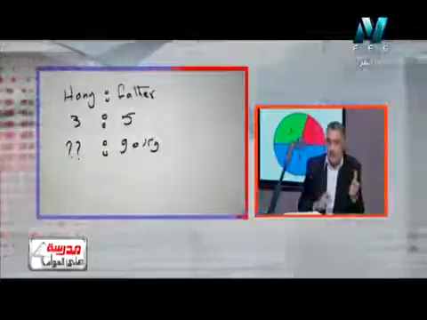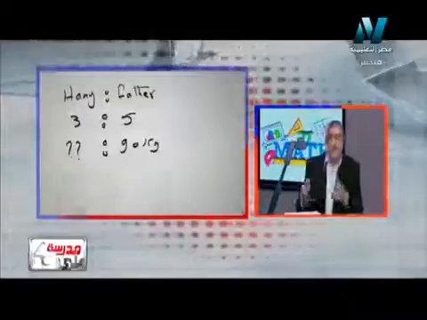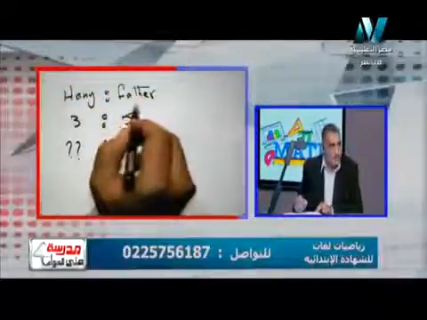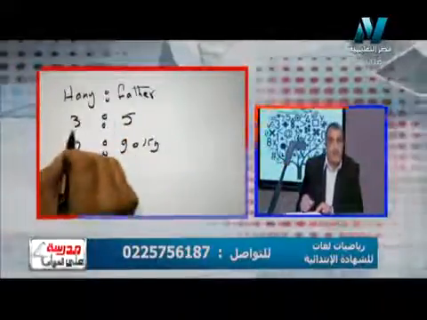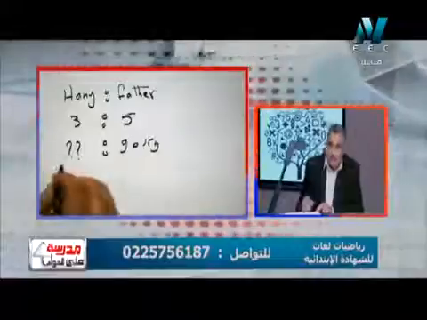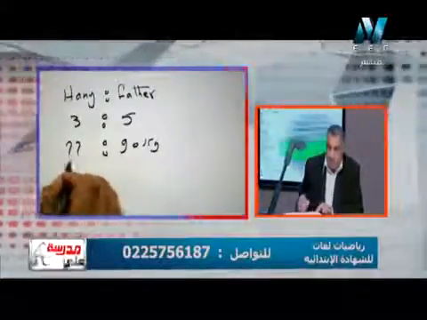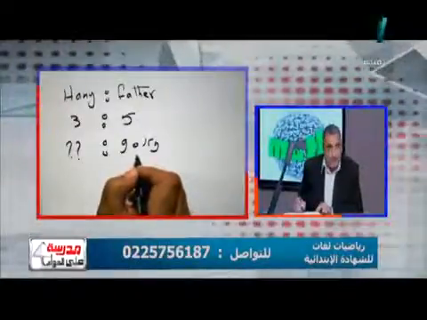We have to write Hani to father, and we have to write the ratio 3 to 5. What is the weight of Hani? If the weight of his father equals 90 kilograms.